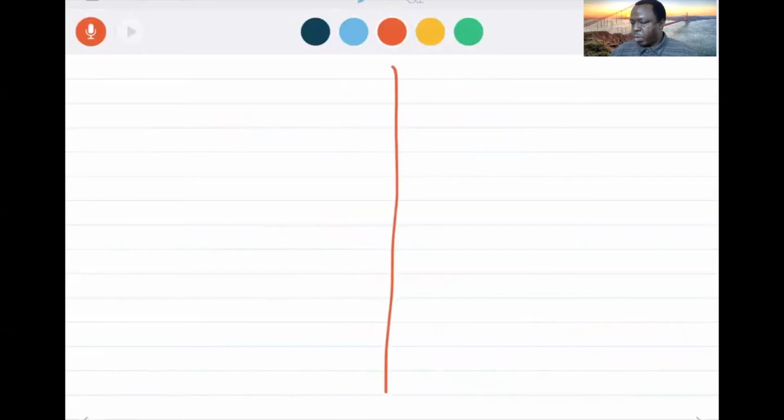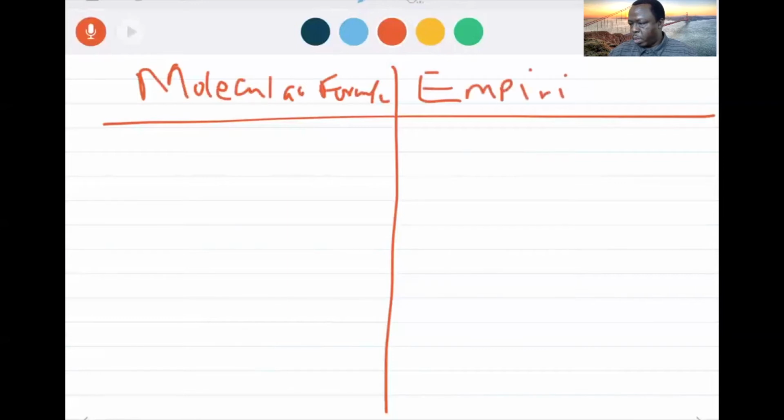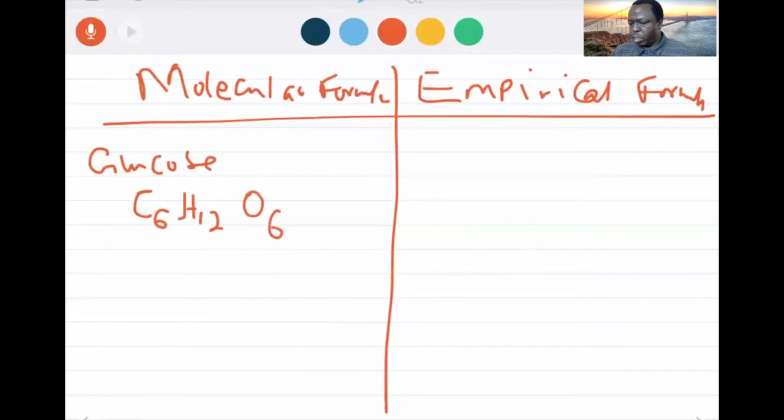Here, I'm going to draw the parallel between molecular formula and empirical formula. We can have something such as glucose, with the chemical formula C6H12O6. This is the molecular formula.